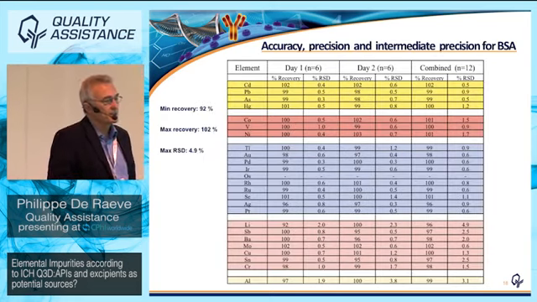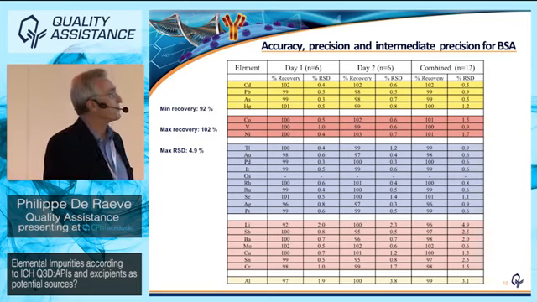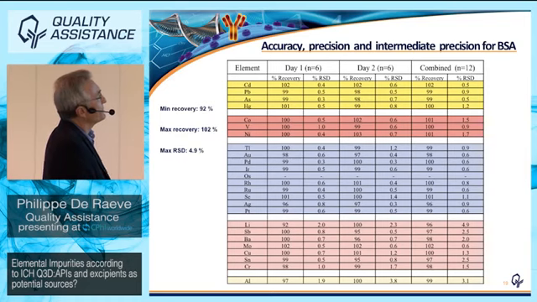In this table, you can see the accuracy, precision, and intermediate precision for BSA. Results obtained on day 1, day 2, and combined for day 1 and day 2. You can see that recoveries are very close to 100% on each day, and the RSDs are quite acceptable. The main figures are here.